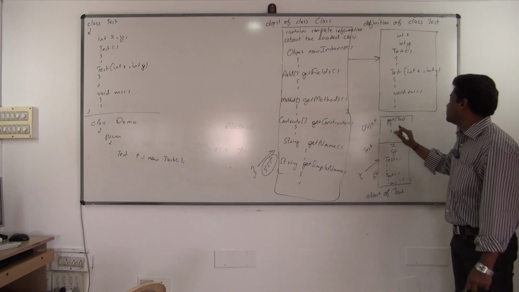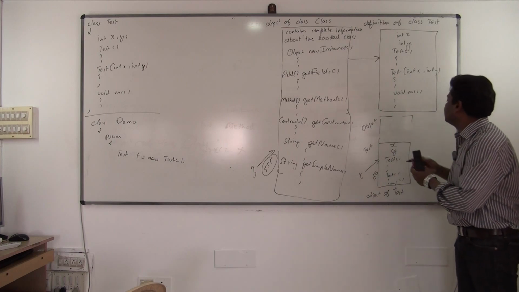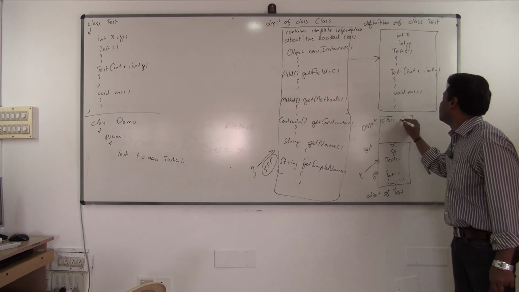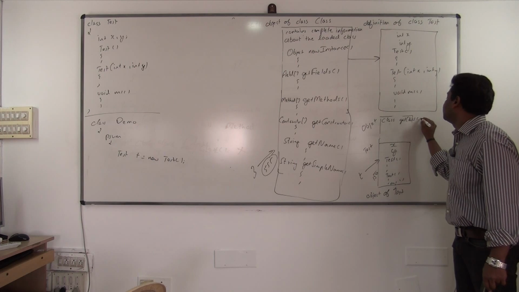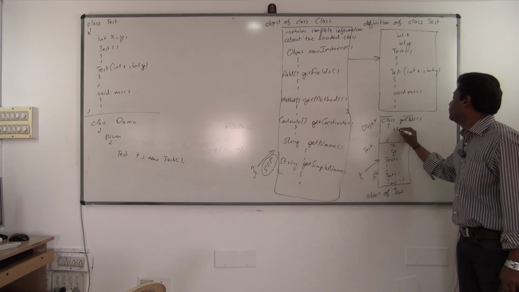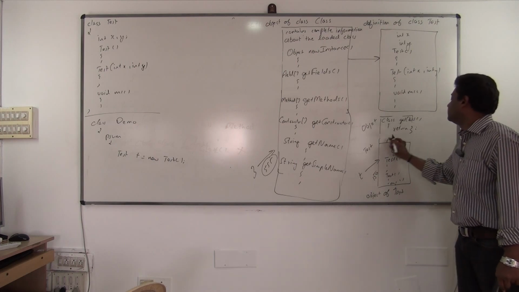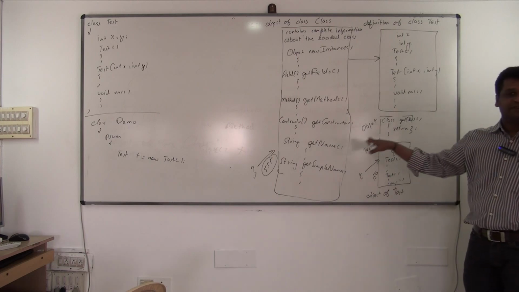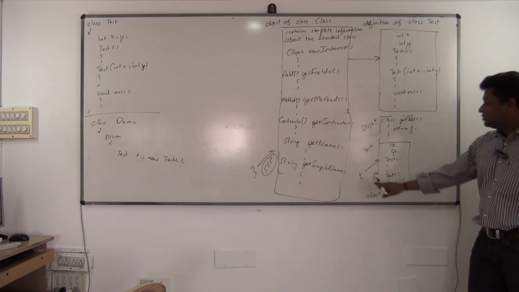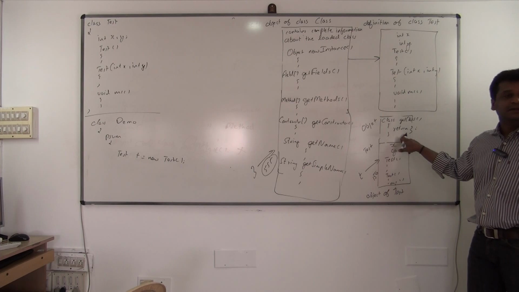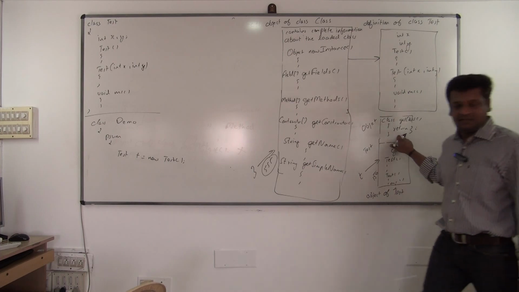See, I called this get class method. The return type of get class is what? It will return the reference, 555. T dot get class is the method I call.